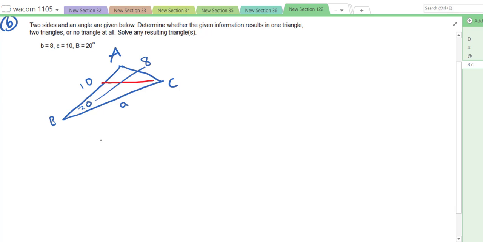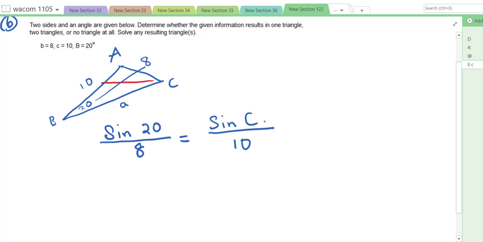So we will do sine of B, so sine of 20 over 8 equals, and we'll work with this pair, sine of C over 10.